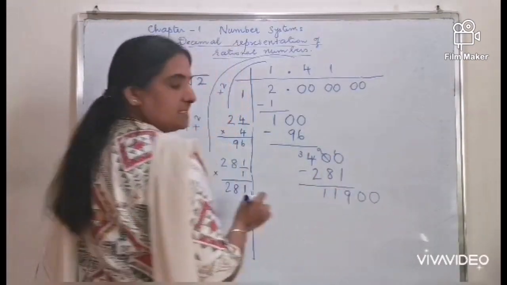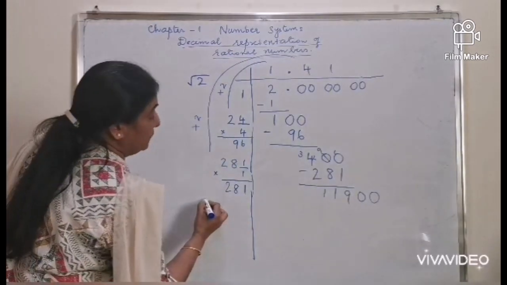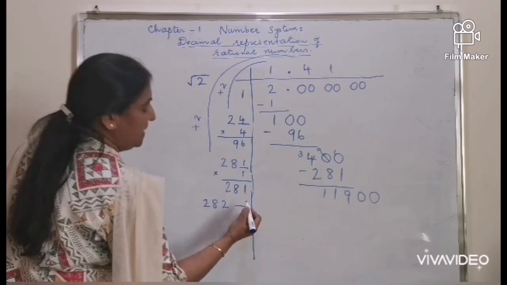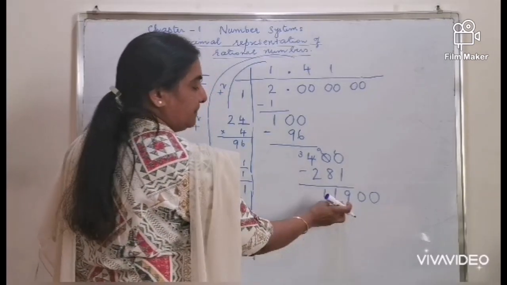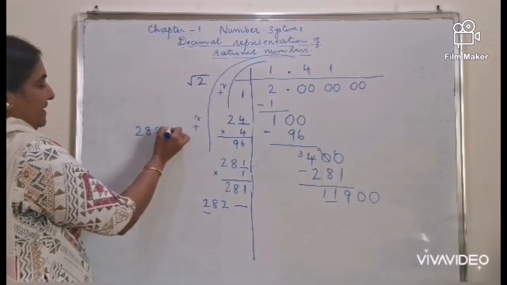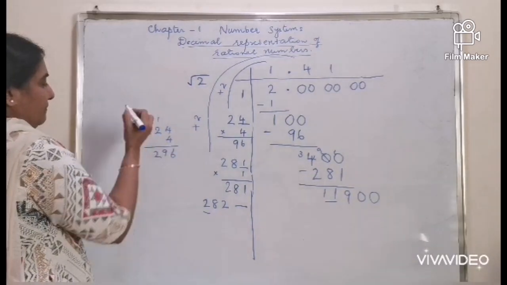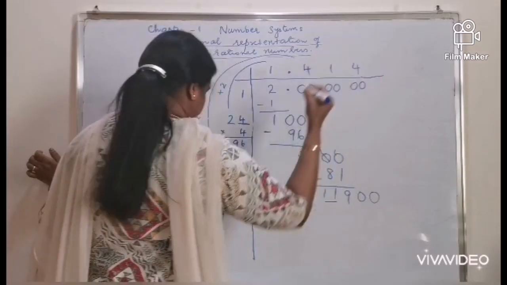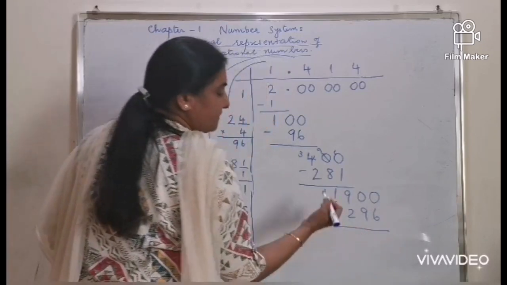You will bring down 2 digits. Double of 141 is giving you 282, and then you are providing a digit so that the product is close to 11,900. Let's check with 2,824 into 4, which is 11,296.